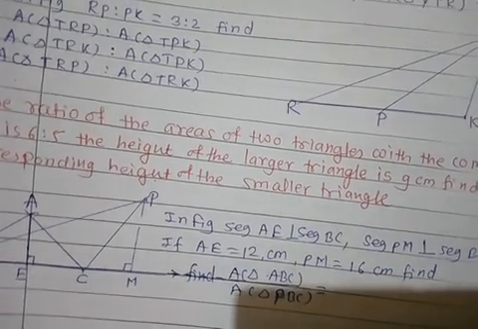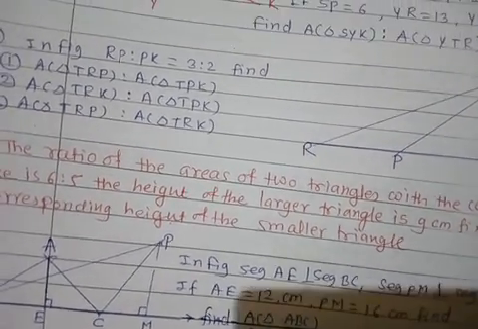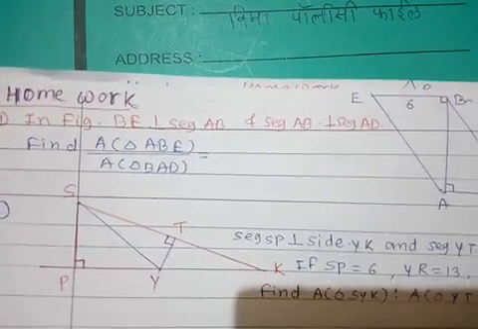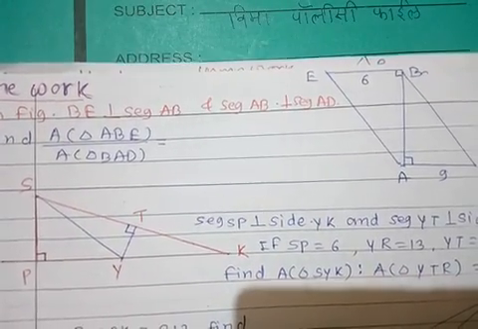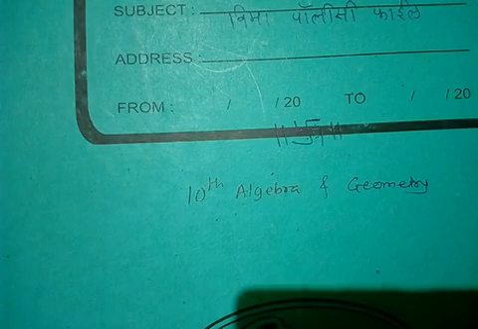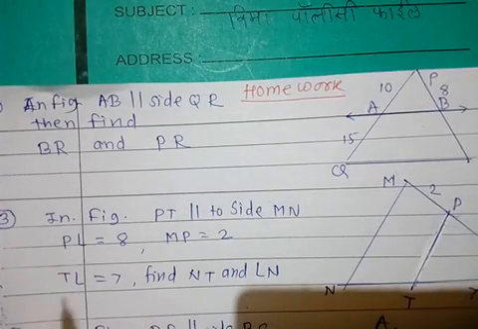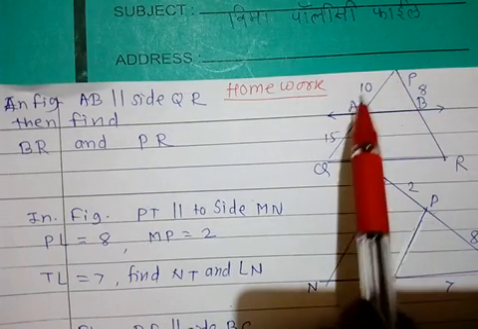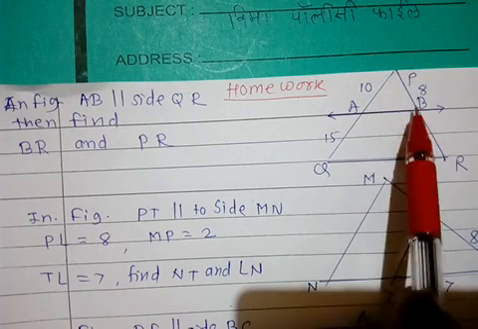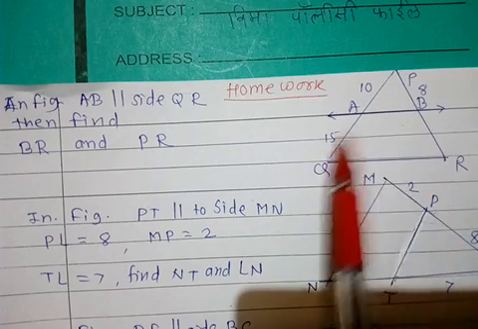Likewise, next examples you have to work out at home as homework. By a similar method, you have to take PA by AQ, PB by BR, put in the values and take cross multiplication.